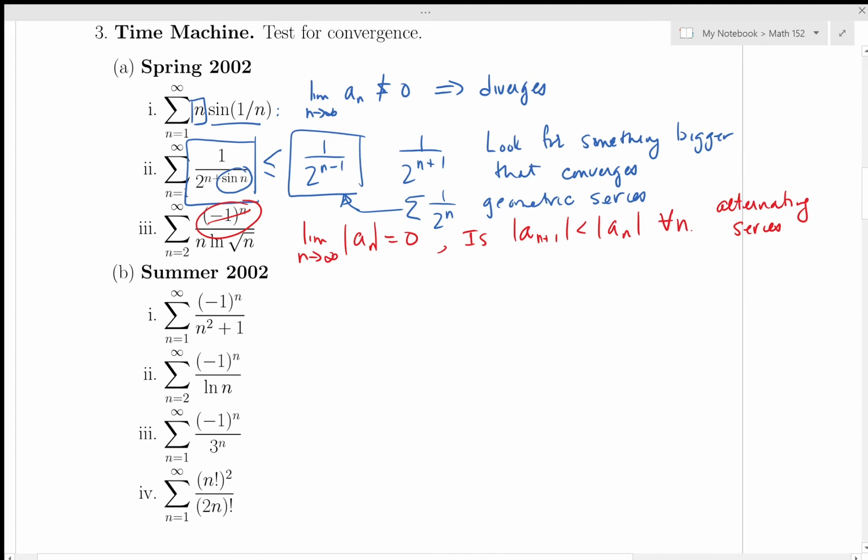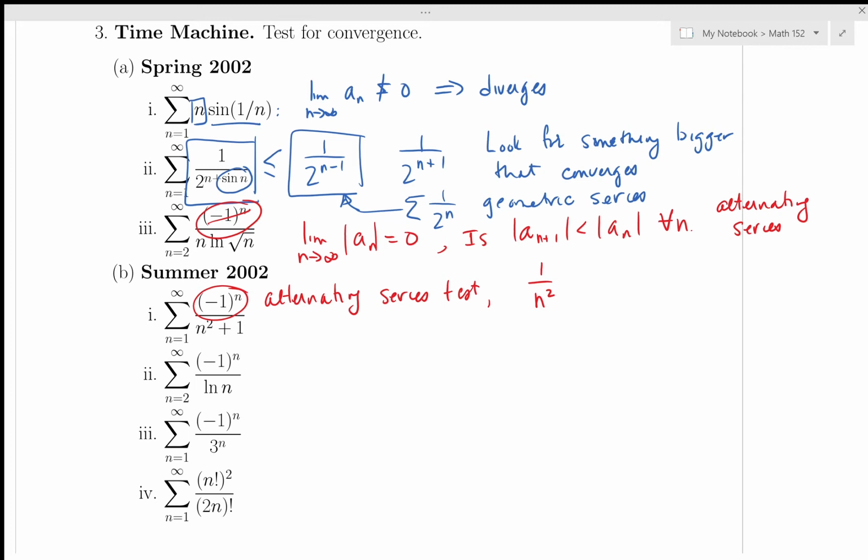Okay, next one. Right away, alternating series test. And then what else am I seeing here? Basically, it kind of looks like this, and that converges. That would be a convergent p-series.